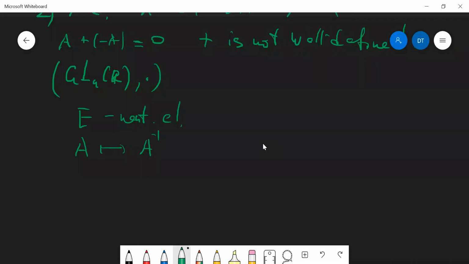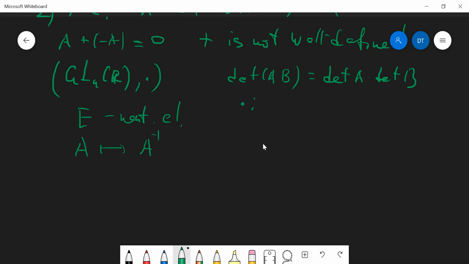The product of non-degenerate matrices is a non-degenerate matrix because the determinant of A times B is equal to determinant of A times determinant of B. Let me discuss the order of verification. First of all, you should check that the operation is well defined.